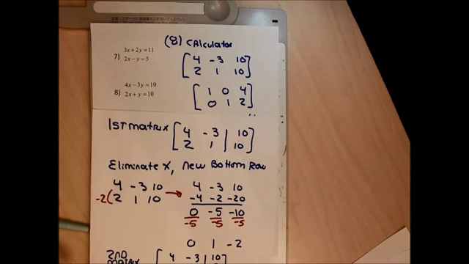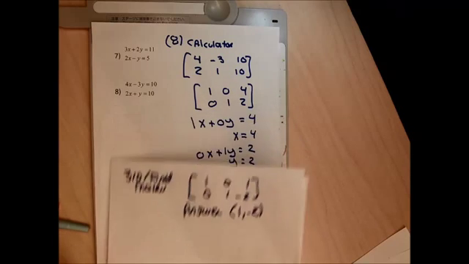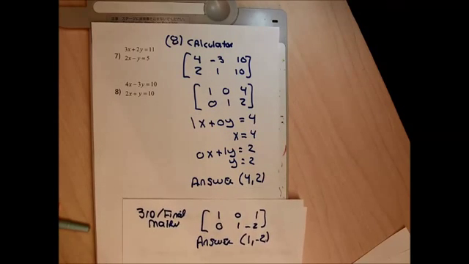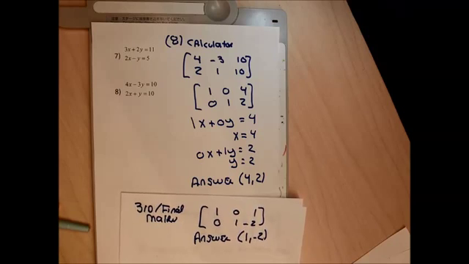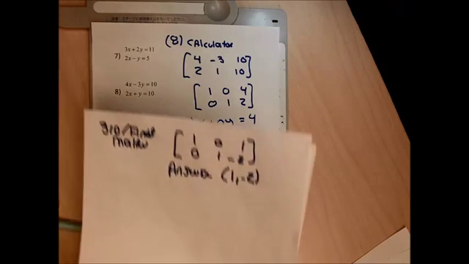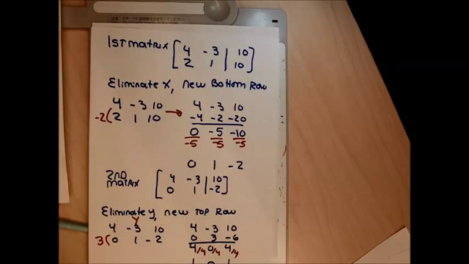I see my mistake. I wrote down an answer, and I went back and checked my calculator, and my calculator says the answer is 4 and 2. I have the answer 1 and negative 2. Bad, bad, bad, but I can find my mistake. When I have a mistake, I can find it, and I've already found it.